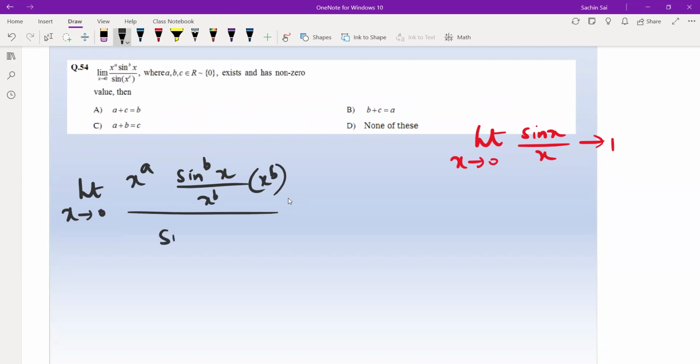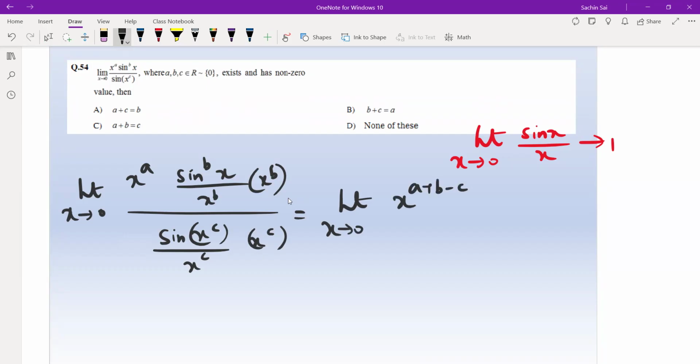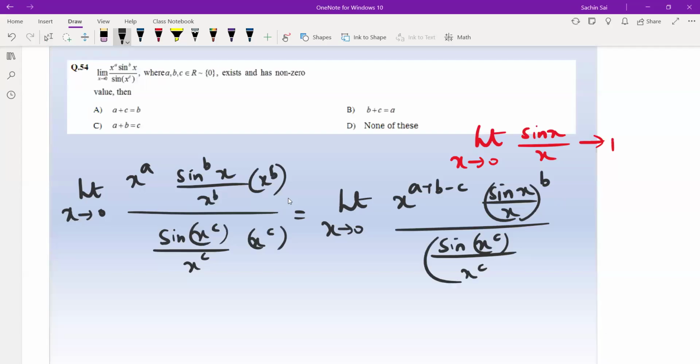Then this is divided by sine of x power c, I will multiply and divide by x power c, right? So then I will get limit as x tends to 0, x power a plus b minus c, (sine x by x) whole power b, and in the denominator I have (sine of x) power c divided by x power c, right?